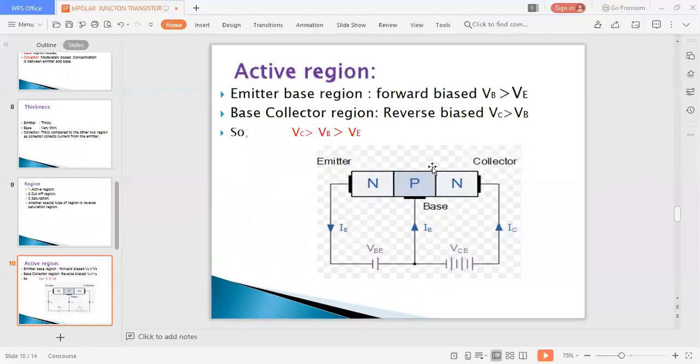In the active region, the emitter base junction is forward biased and the base voltage is greater than the emitter voltage, but the base collector region is reverse biased and the collector voltage is greater than the base voltage. So, in the active region, the collector voltage is the highest and the emitter voltage is lowest.